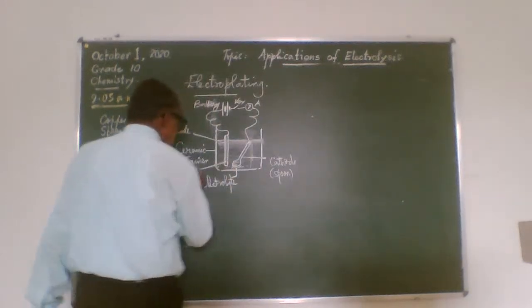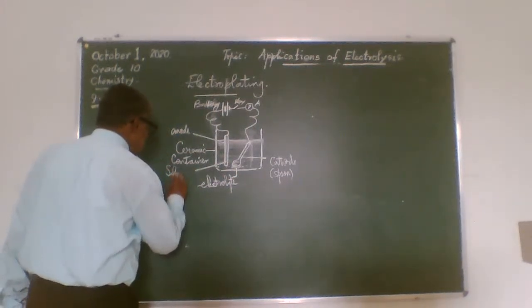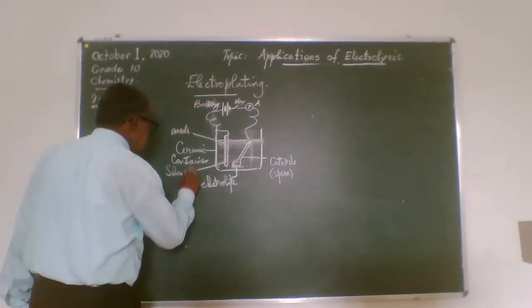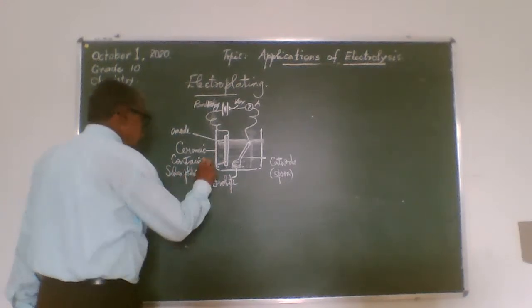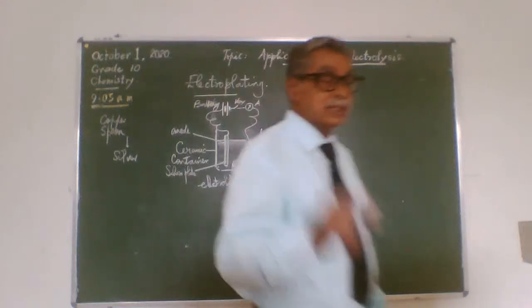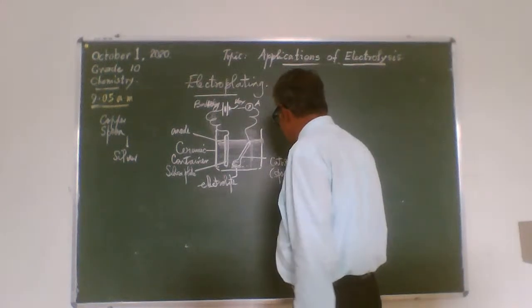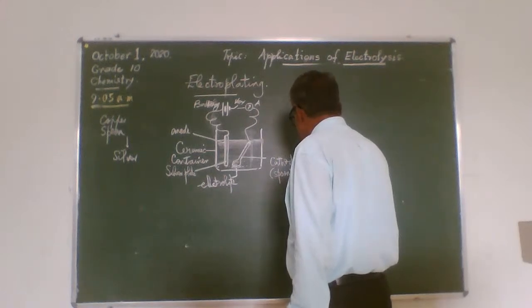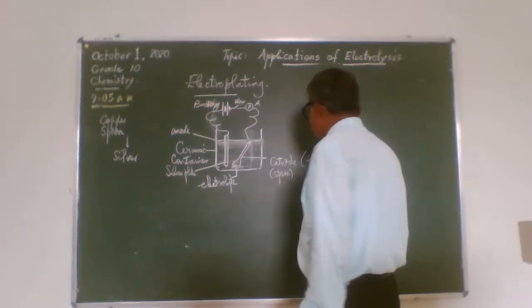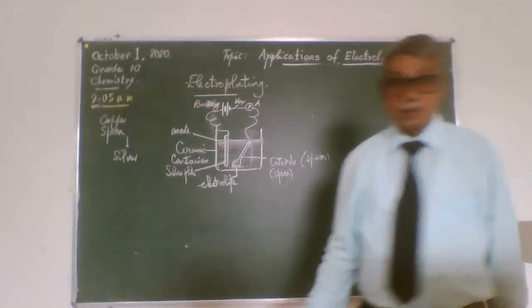The plate can be thin or thick. And the cathode must be, what is the cathode? It is the spoon that has to be plated. Hope you get it?